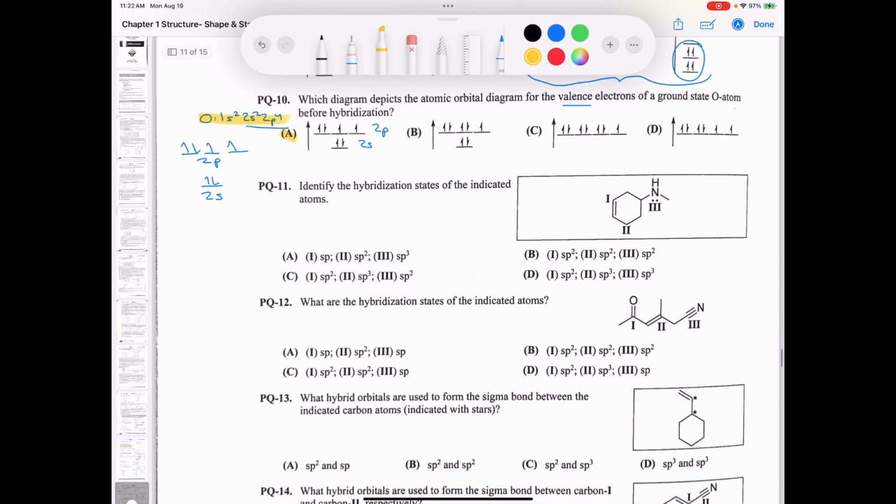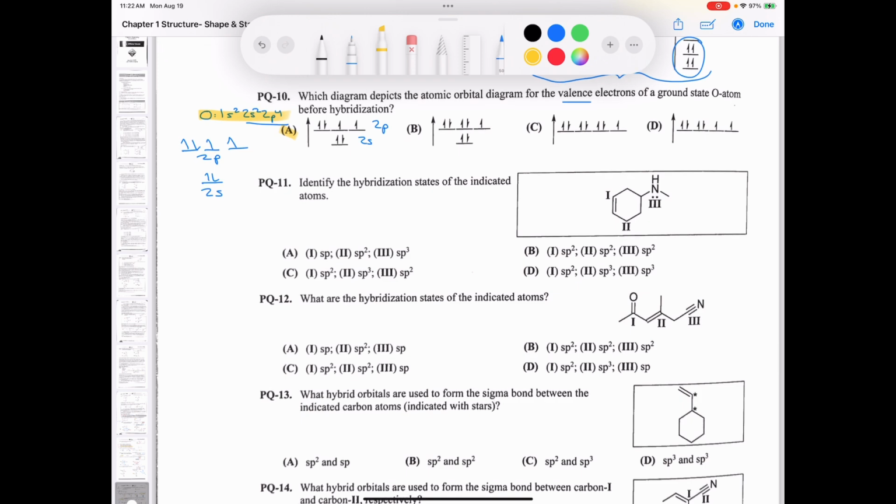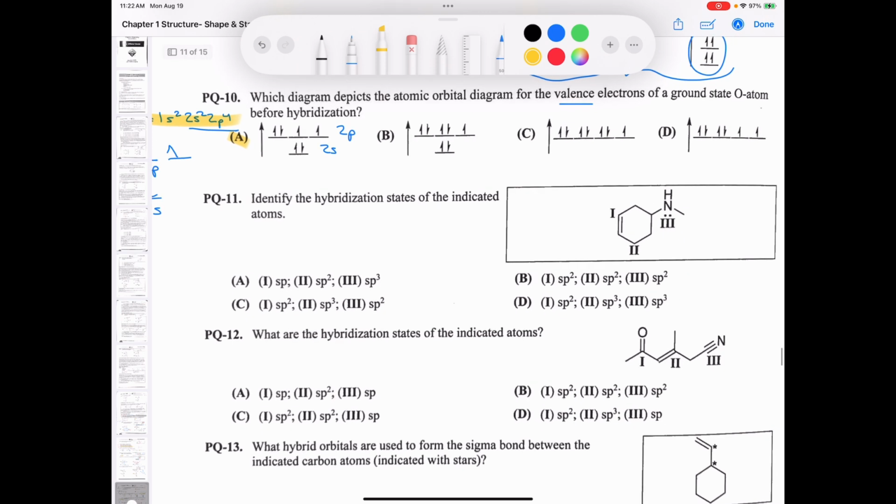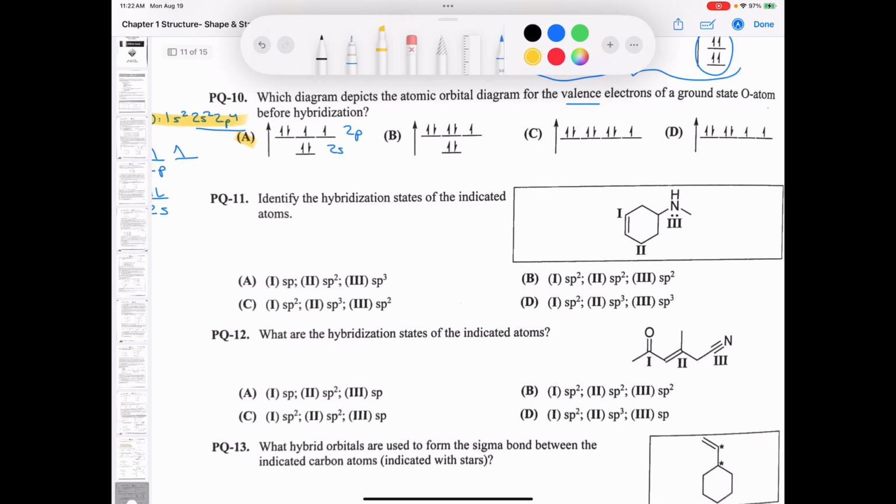Okay, number 11. Identify the hybridization states of the indicated atoms. So number 1 and 2 are carbon atoms. And I guess the first thing you need to know is something that we've covered already: if carbon has 4 single bonds, it's sp3 hybridized. When it has a double bond and 2 singles, it's sp2 hybridized.